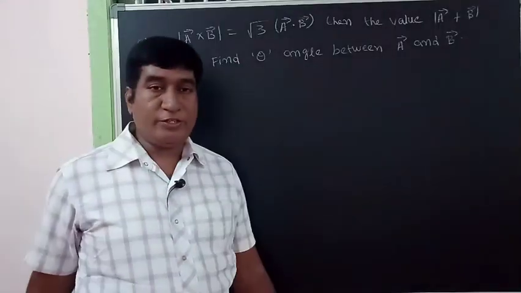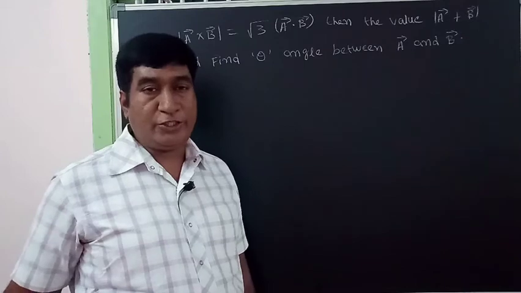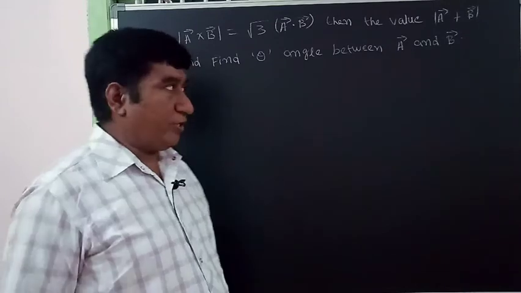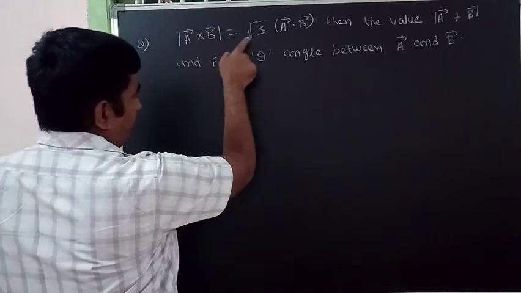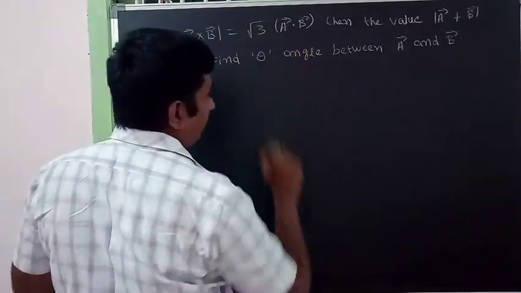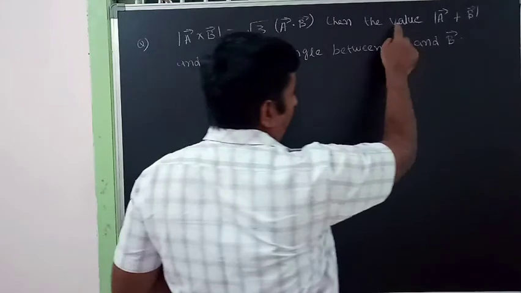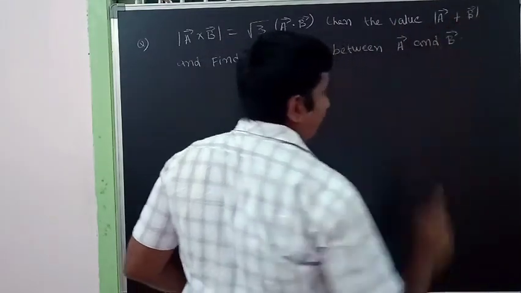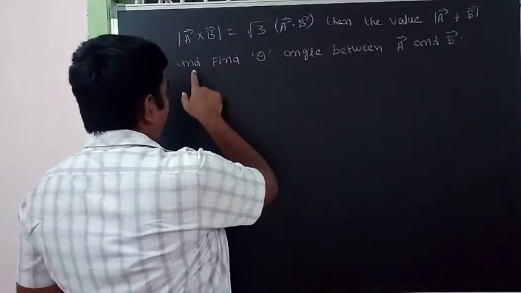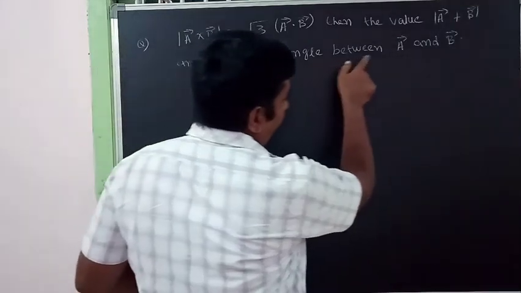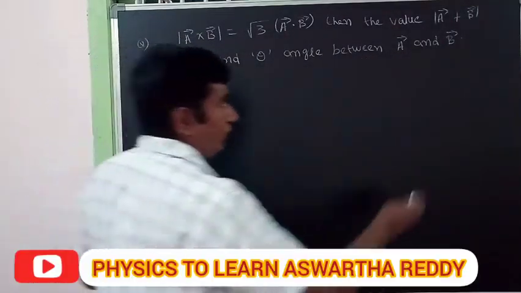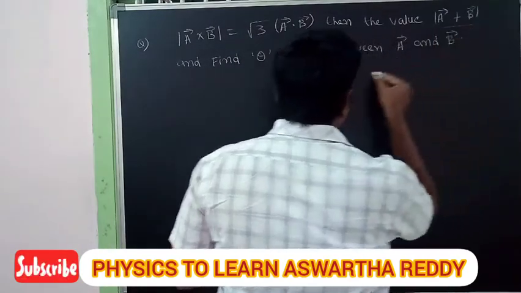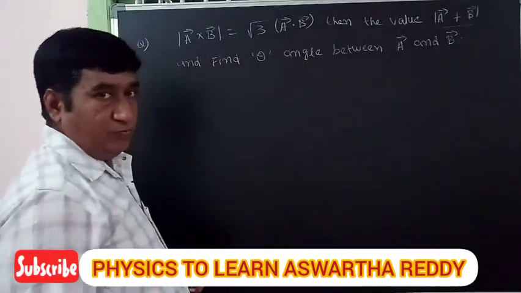Okay, next we'll see some examples related to the vector product. In this, the modulus of a vector cross b vector is equal to root 3 into a vector dot b vector. Then we have to find the value of a vector plus b vector, and find the angle theta between a vector and b vector. Before finding a vector plus b vector, we have to find the theta value.